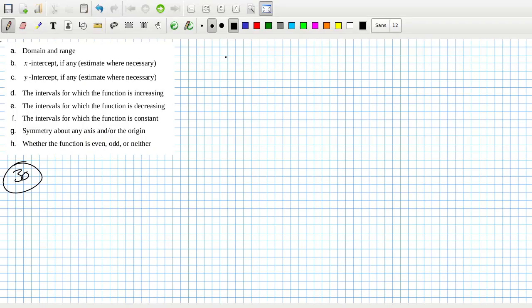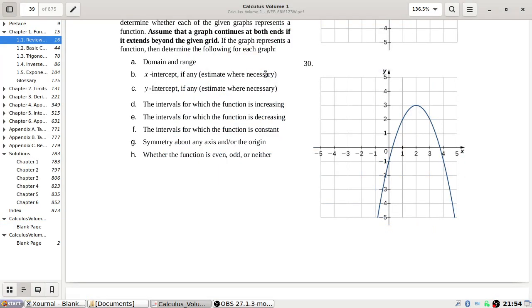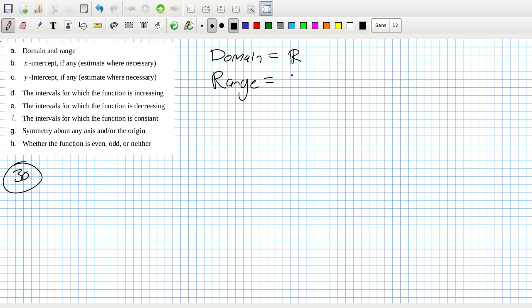Okay. Domain. All real numbers again. Range. Minus infinity to 3. X-intercept.